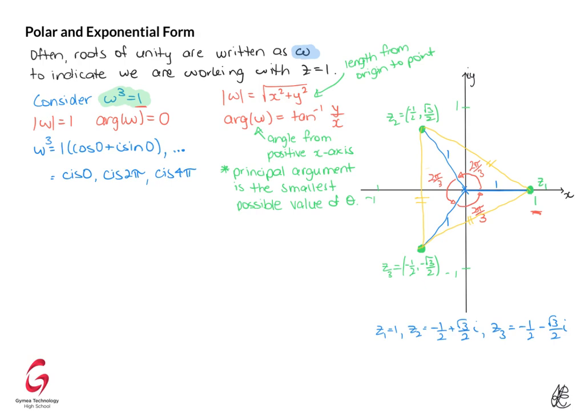And each of these is going to give me back that value of positive 1 on the right-hand side of my equation. Now we also know that we can use this modulus and argument to rewrite these answers in exponential form as well. So using that exponential form, each of these are also valid answers for that value of 1 on the right-hand side. So now I've rewritten my equation in polar and in exponential form.